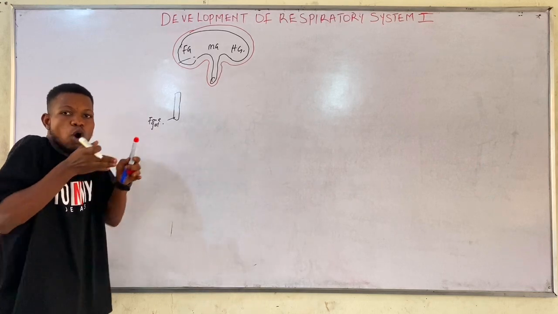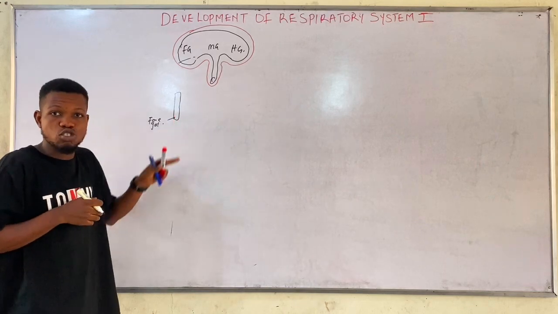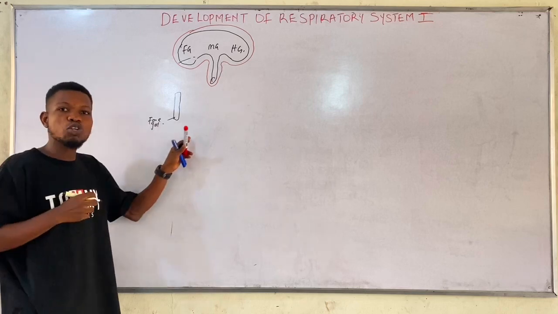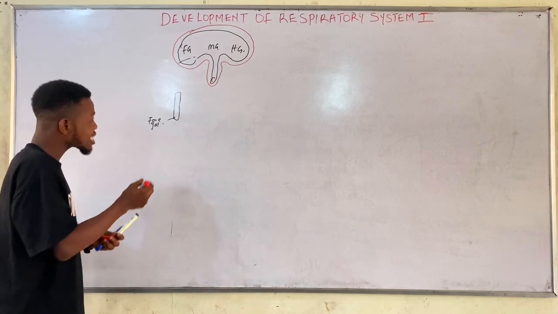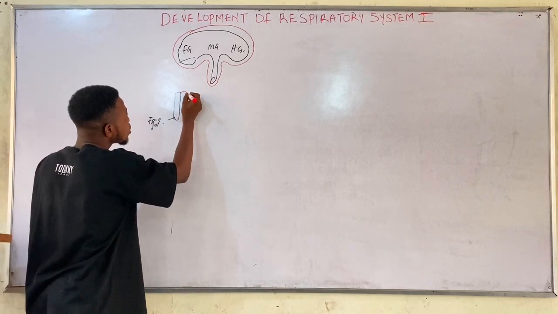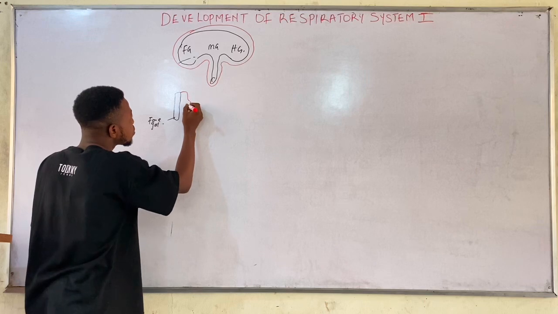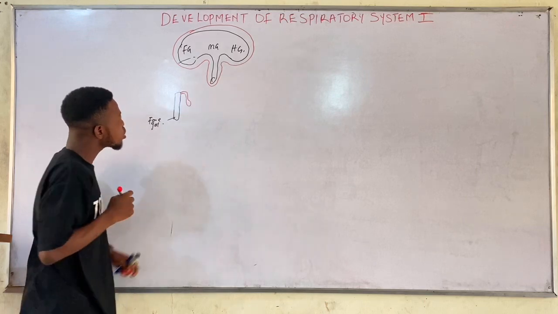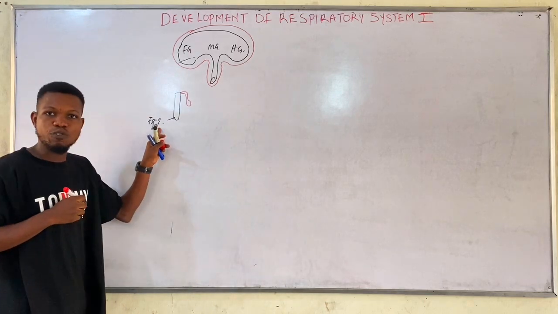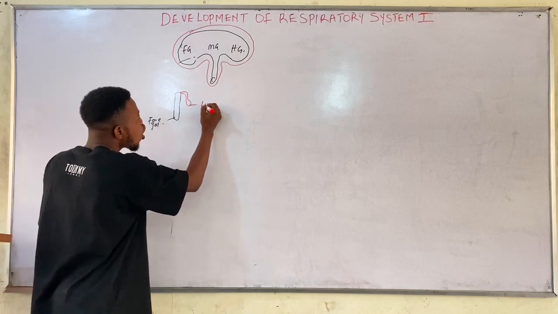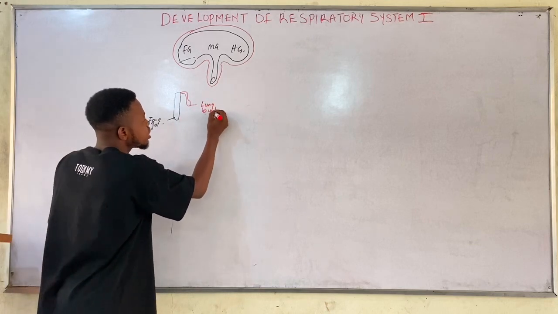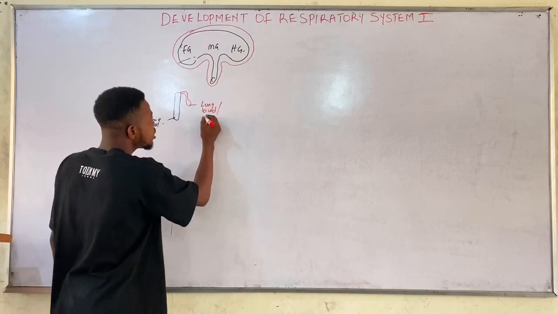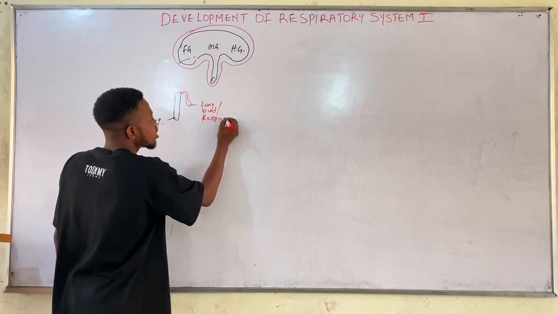You get? They bulge off from the foregut, an endodermal structure. When the endoderm bulges off from the foregut, that endoderm is something like this. This endoderm that bulges off from the foregut is what we call the lung bud, or the respiratory diverticulum.